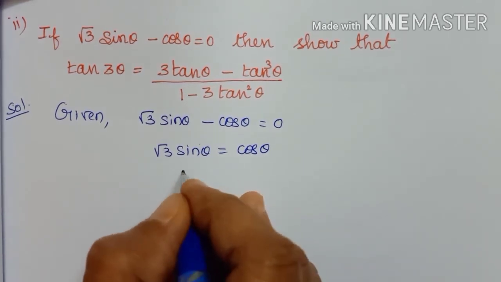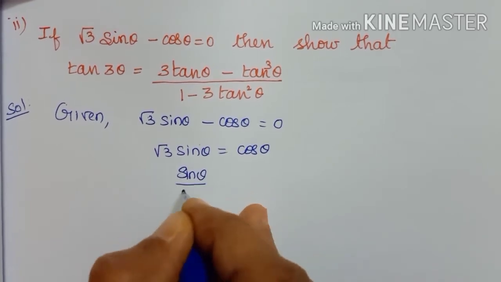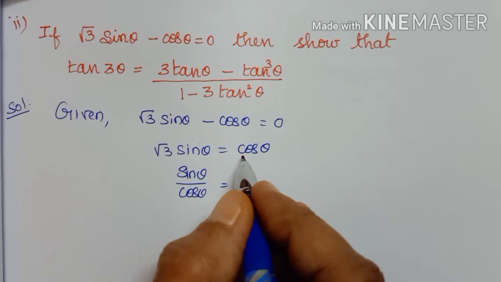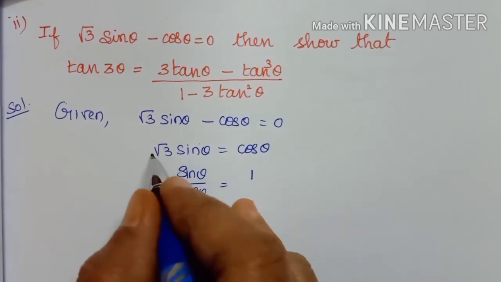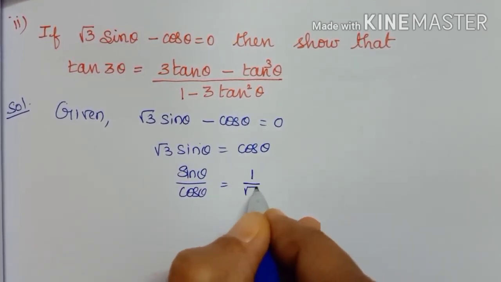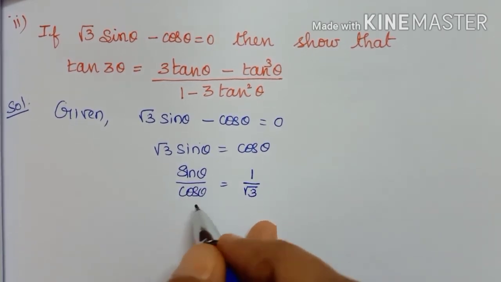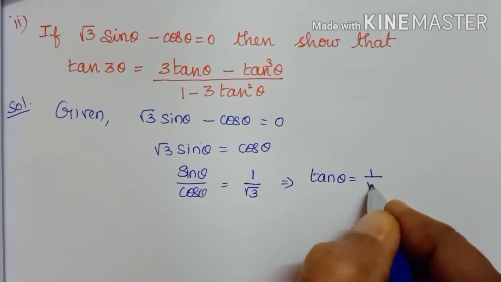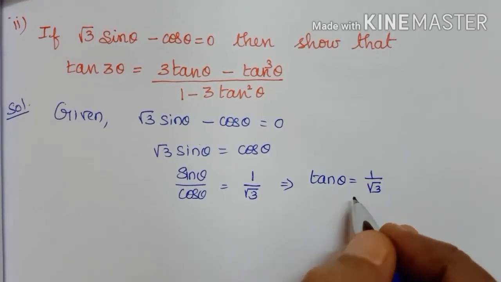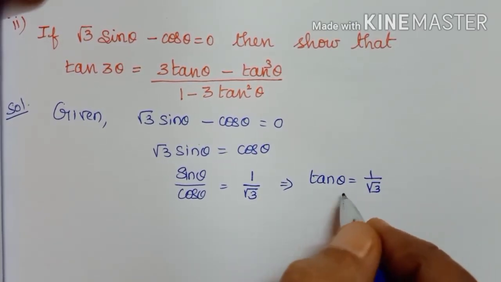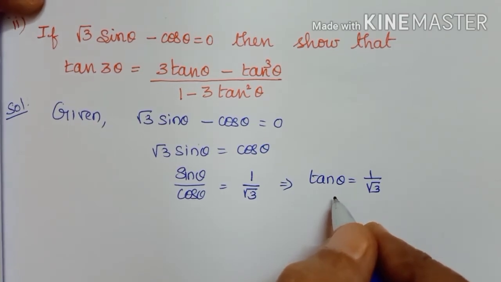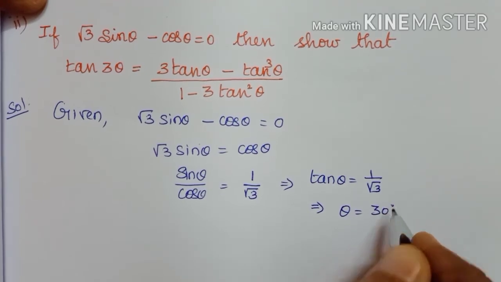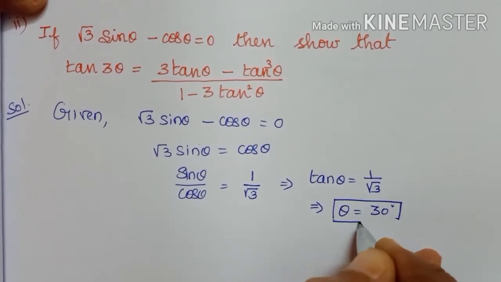So you will get sin theta by cos theta is equal to 1 by root 3. We know sin theta by cos theta is tan theta, equal to 1 by root 3. When tan theta is equal to 1 by root 3, the value of theta is 30 degrees. So that implies theta equal to 30 degrees.